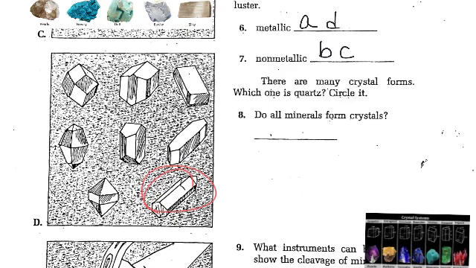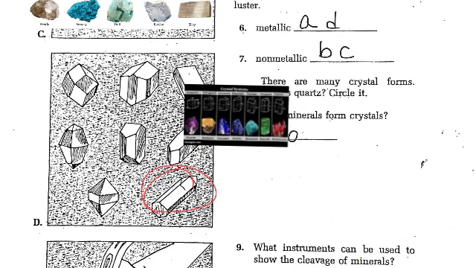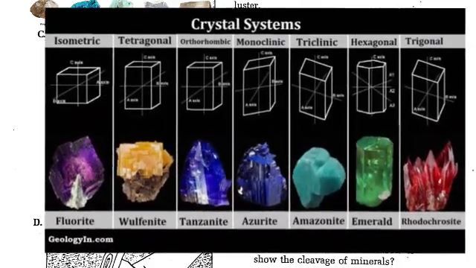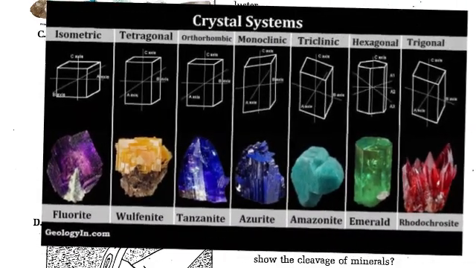And then, do all minerals form crystals? No, they don't. So we're going to take a look at some of the crystal systems that are out there. These are just some of them. These aren't all of them.